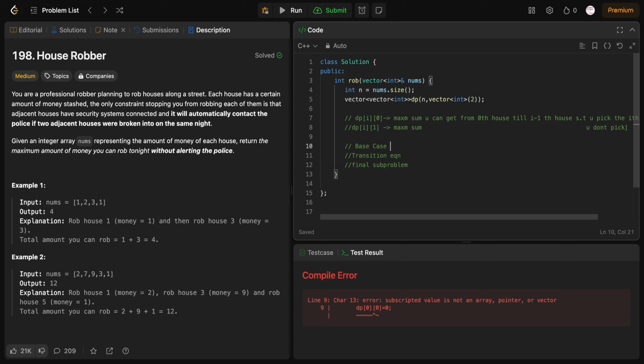The base case is where your transition equation fails. So it's always better to first predict the transitions. I can determine the transitions by taking this loop, for int i equals 0, i less than n, i plus plus.